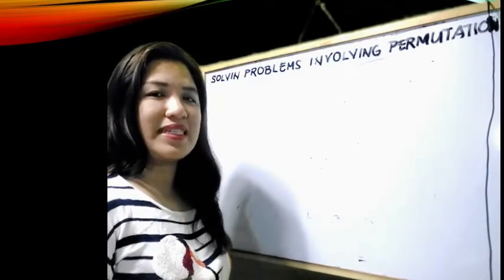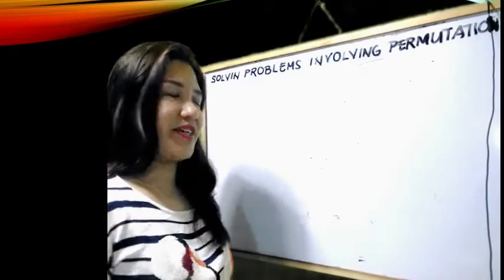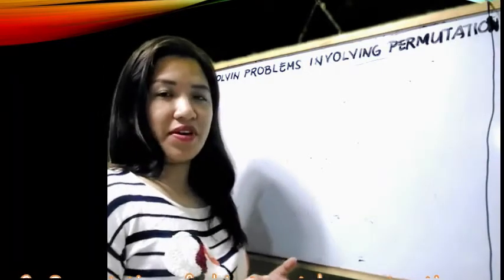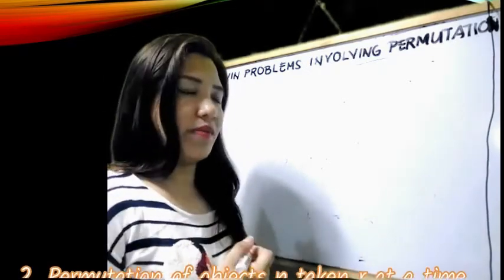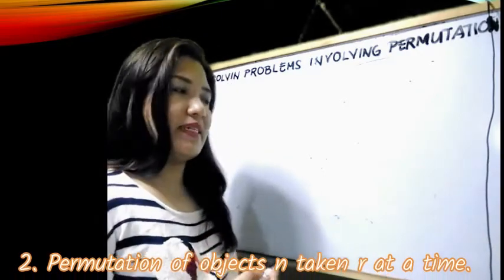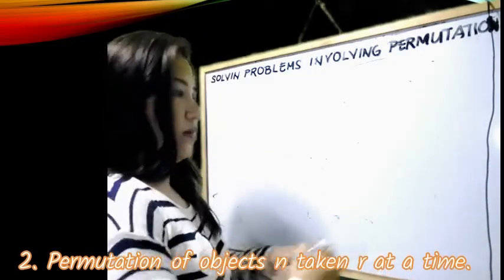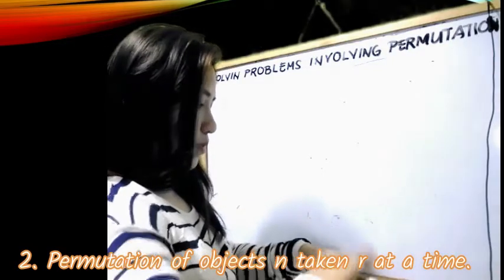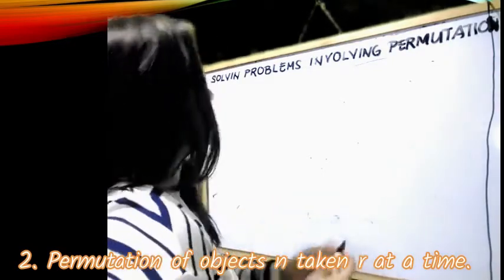Alright, now let's proceed to the second formula. Permutation of n objects taken r at a time. This is very familiar to you because you were able to use this when solving or illustrating permutation using the formula during your Math 10 module.